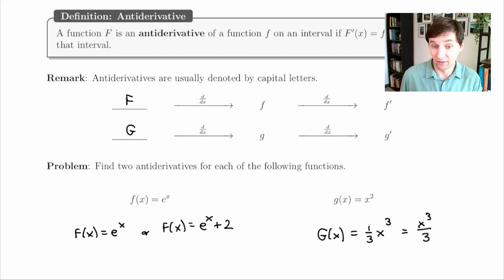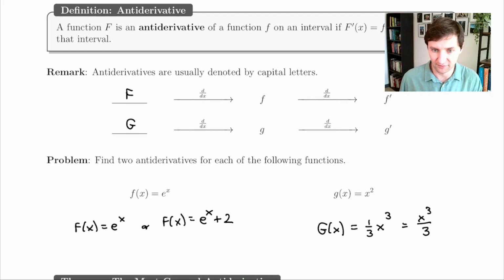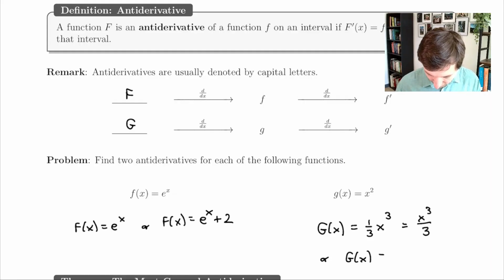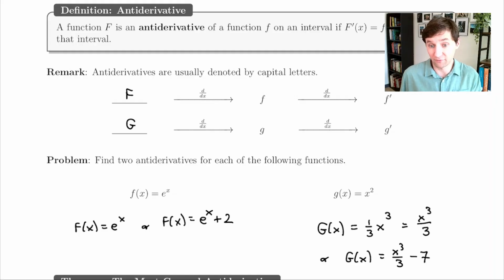What is some other antiderivative of x squared? I could use g of x equal to x to the third power over 3 minus 7. The derivative of this function is still x squared. In fact, I could have added or subtracted any constant I wished.